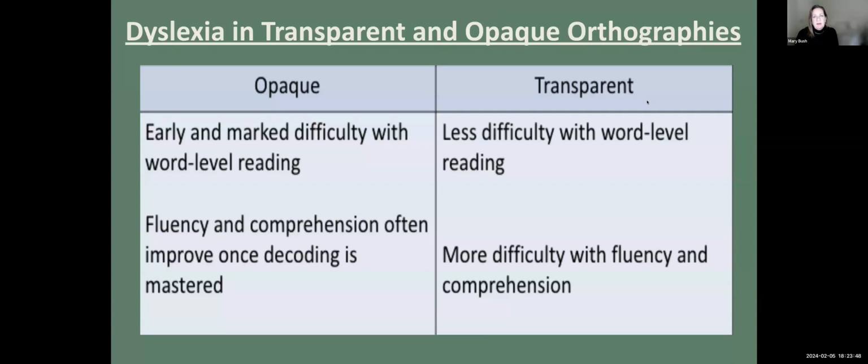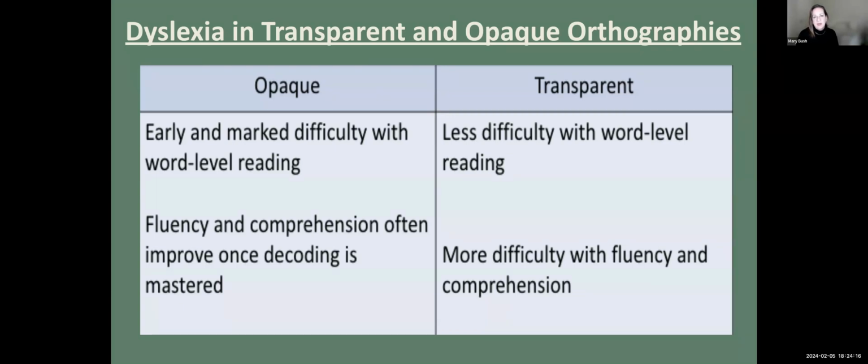So just as a summary of what we've been talking about, how dyslexia may manifest itself in an opaque language, a student is going to have early and marked difficulty with word level reading, whereas in a transparent language, they're going to have less difficulty until the words start getting more complex. So a word like regalo, that's just a common standard word, they're not going to have as much problem with.